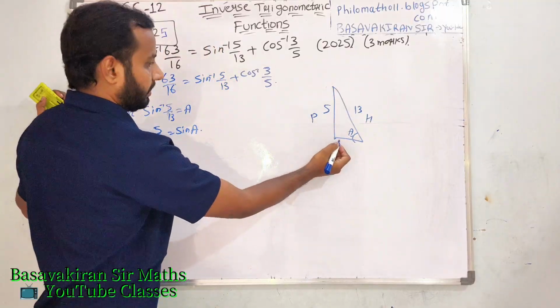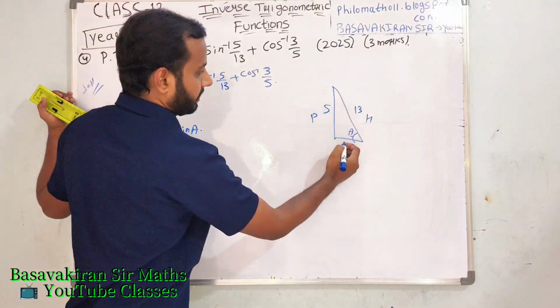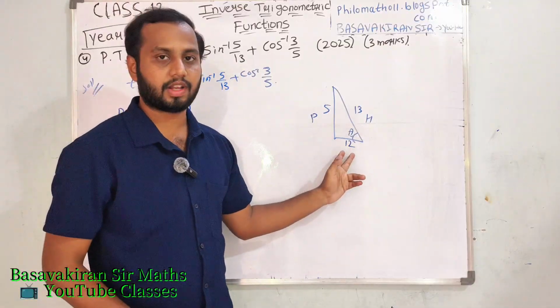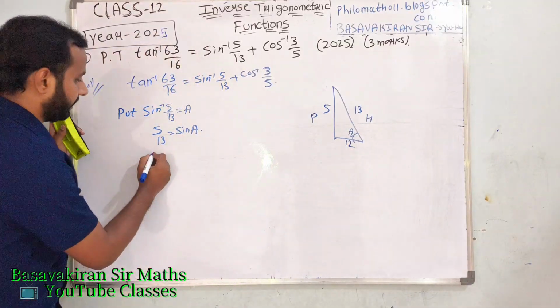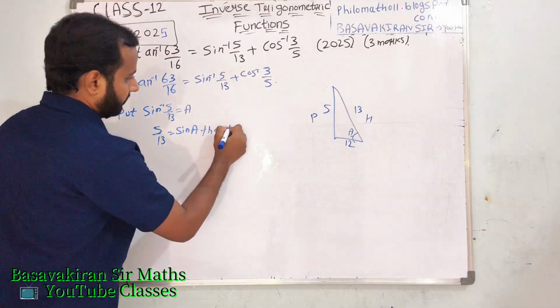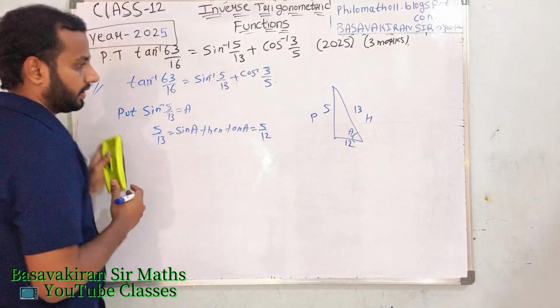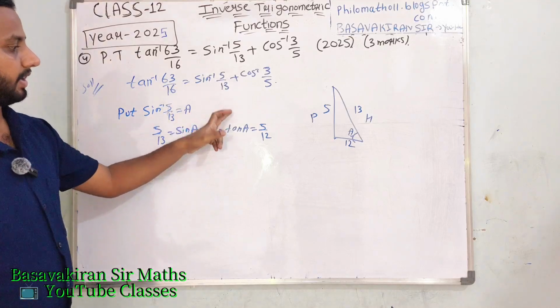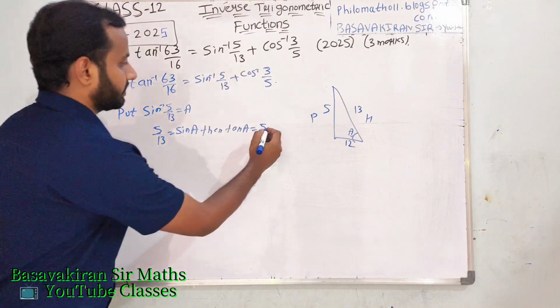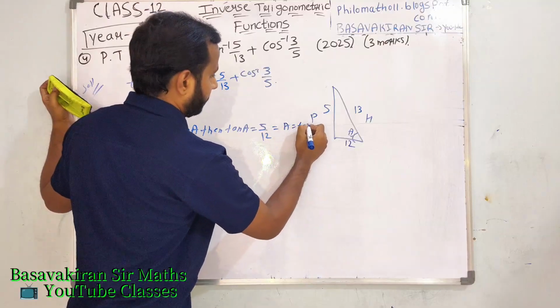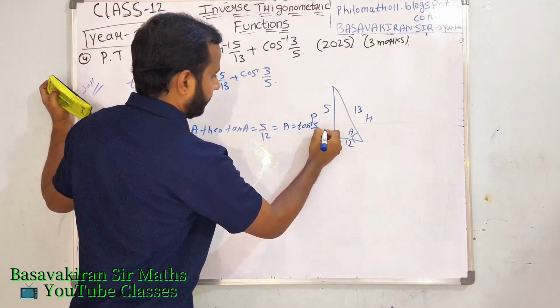I need the value of b. Whenever it is 5 and 13, this will be your 12. Remember, whenever 5 13, then this value will be 12. Then tan a will be 5 by 12. Now I converted from sin inverse of 5 by 13 to tan a, but I need the inverse, so a equals tan inverse of 5 by 12.